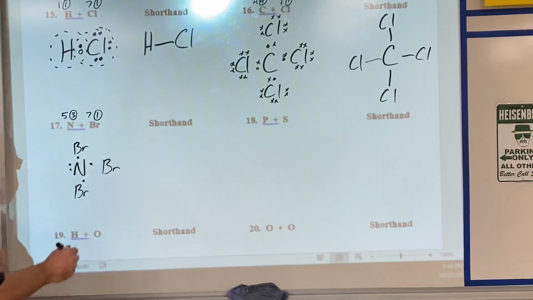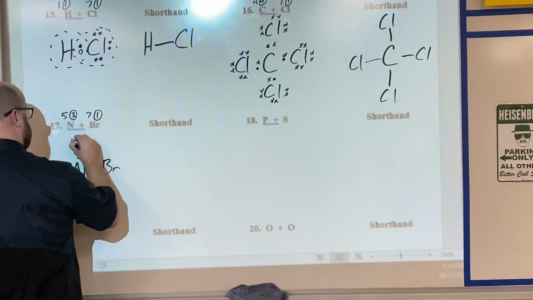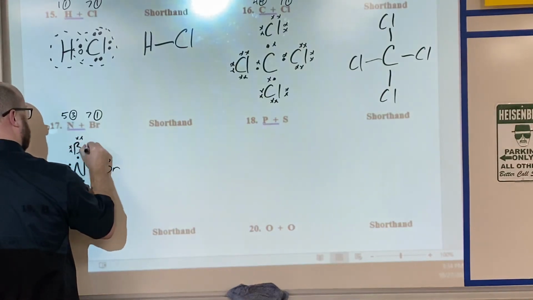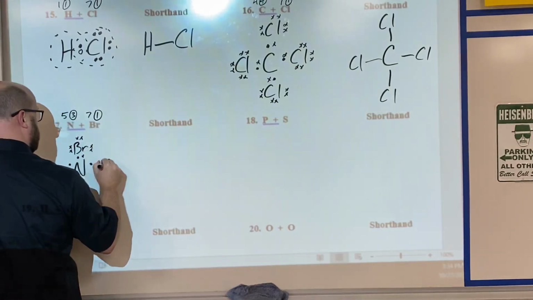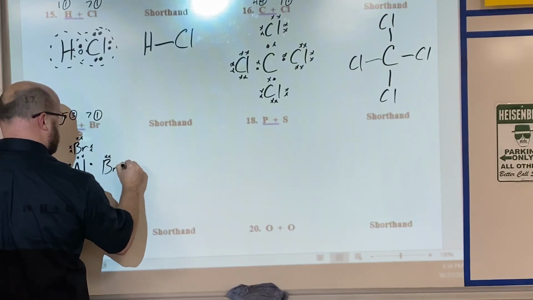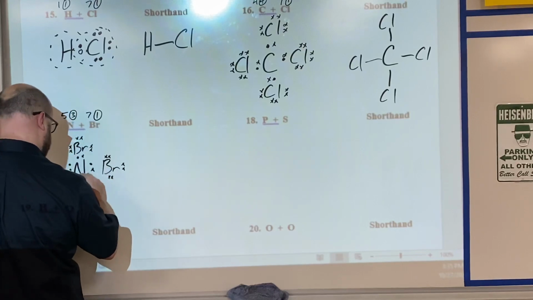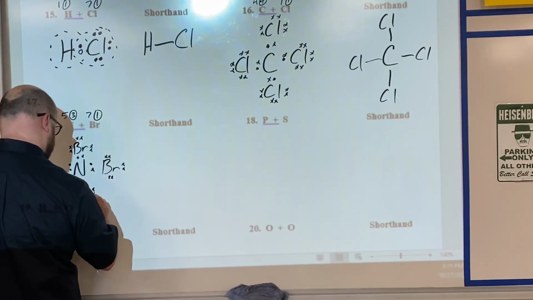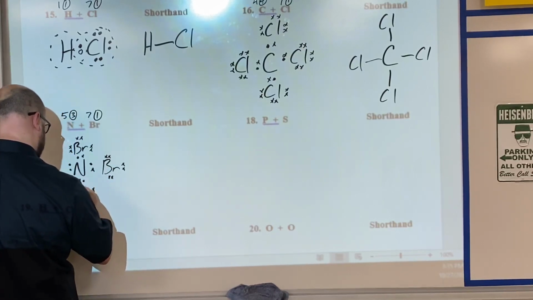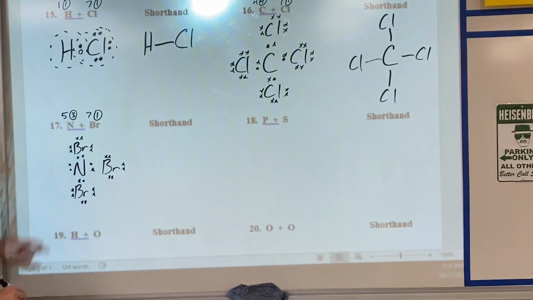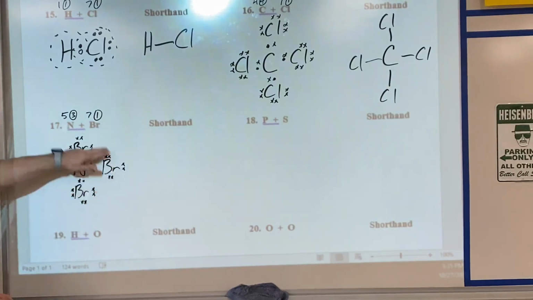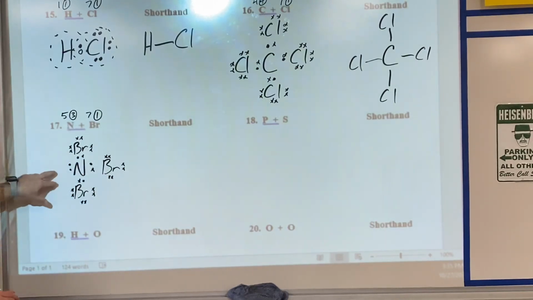Bromine has 7. Seven, 7, 7. Each one is sharing 1 with the nitrogen, which gives all of them 8 electrons associated.